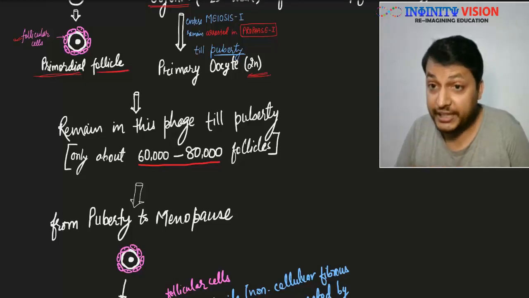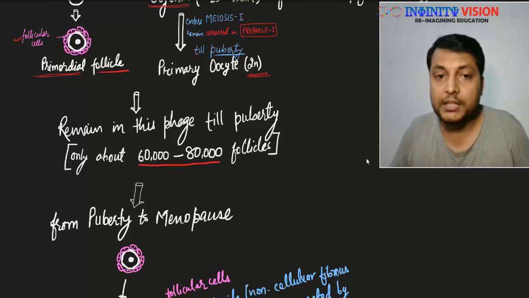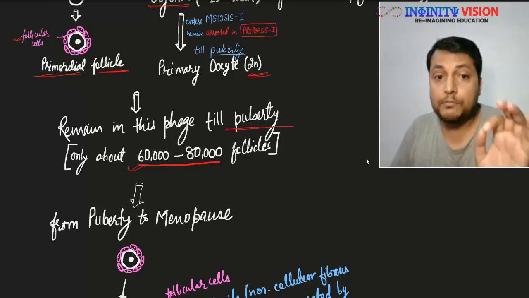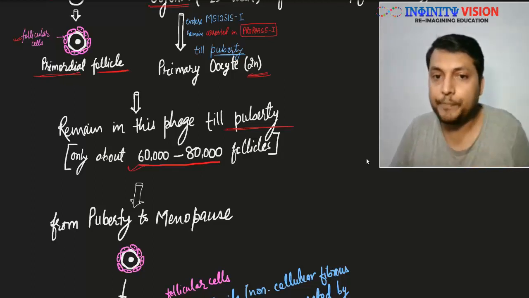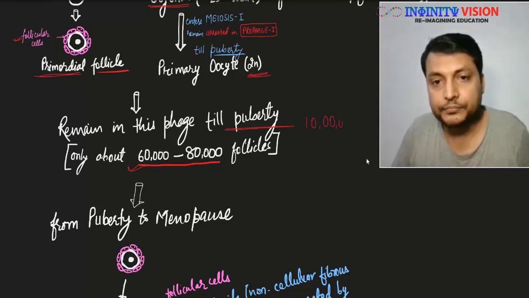Out of 1 to 2 million there will be many primordial follicles which are going to degrade naturally, and at the end when a female reaches her puberty, only about 60 to 80,000 primordial follicles are left in each ovary. Okay, so from 1 million, that is 10 lakhs, how many are left?